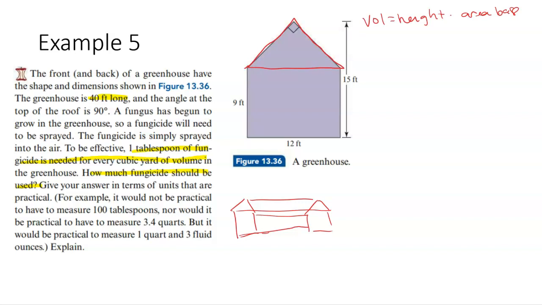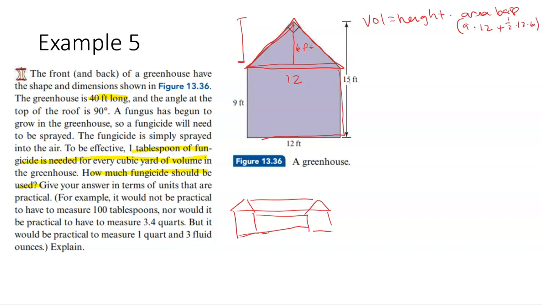So I know that the area of the base is definitely going to be 9 times 12, right? So the area of the base is going to be 9 times 12 plus this triangle. So this is 12. Now, if this whole height is 15 and this is 9, what's left over here is going to be the height of my triangle. 15 minus 9, I've got 6 left over here. So that's going to be 1/2 base times height.